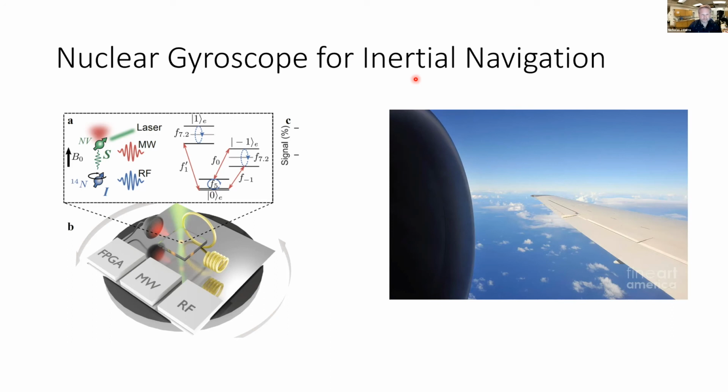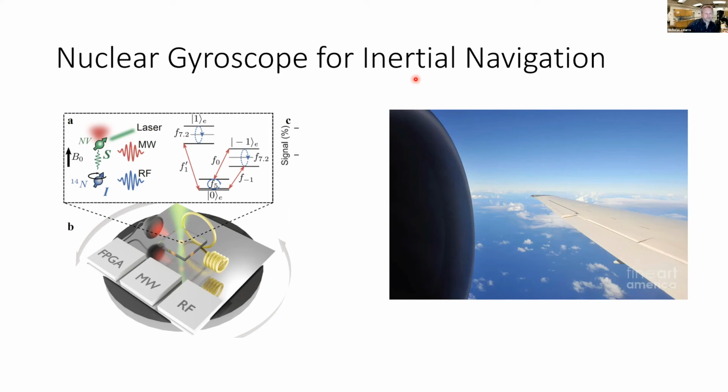This is called inertial navigation. And it turns out that NV centers are very powerful for navigation as well. They're basically like little gyroscopes, except that they spin much faster.